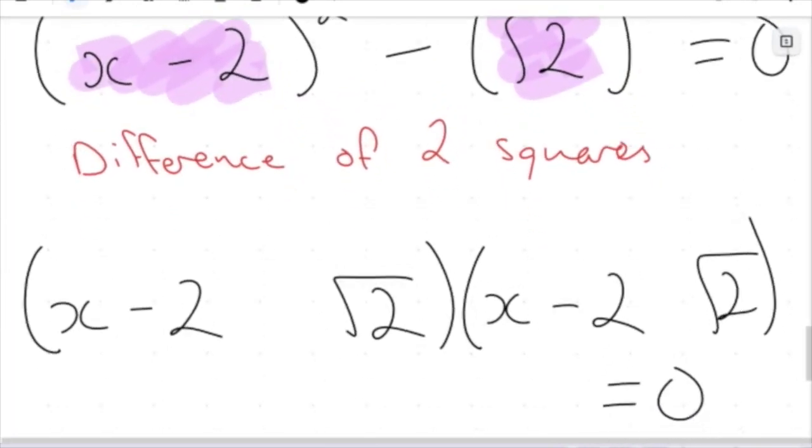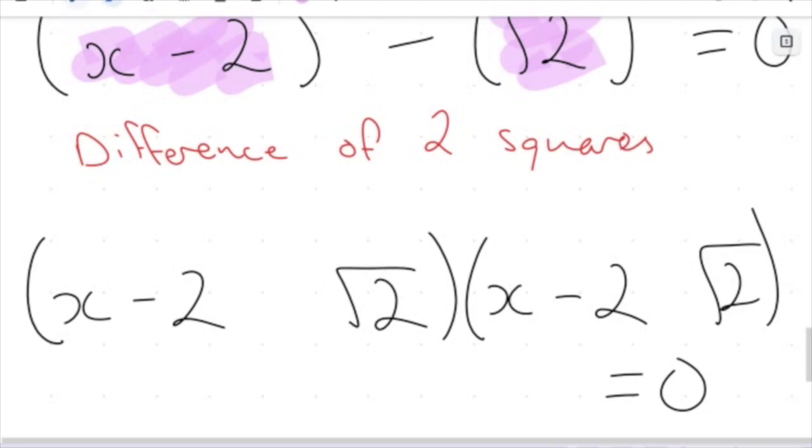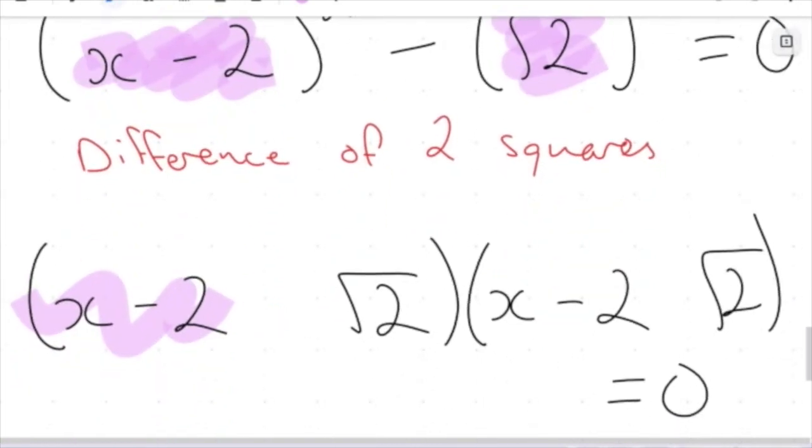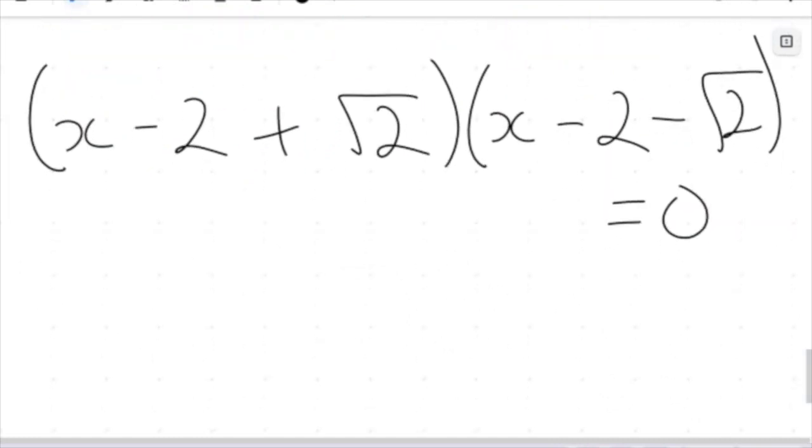And when we have a difference of 2 squares, the signs in here and here, one is going to be positive, one is going to be negative, so that we can cancel out those middle two terms. So all I end up with is this squared minus this squared, which is what we have up here. So I'm going to put plus root 2, minus root 2, equals 0.